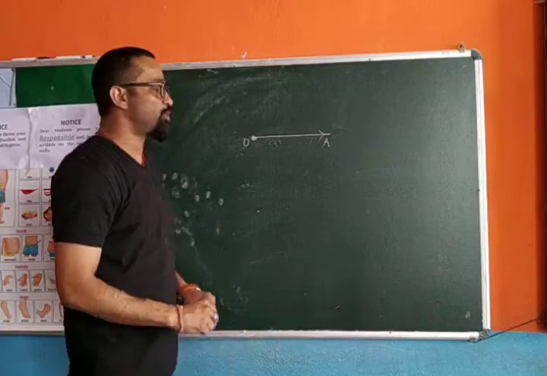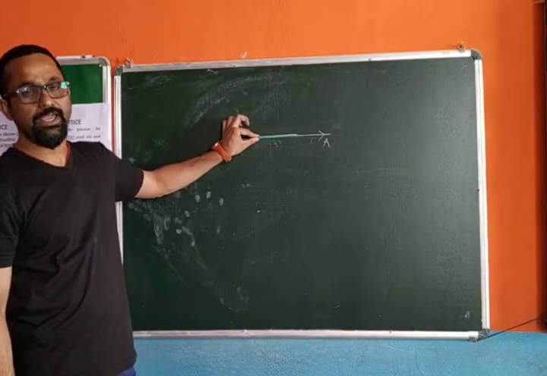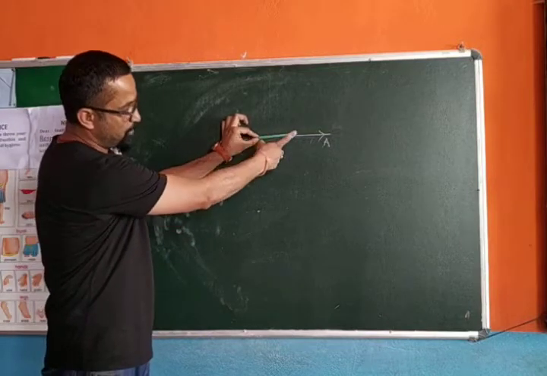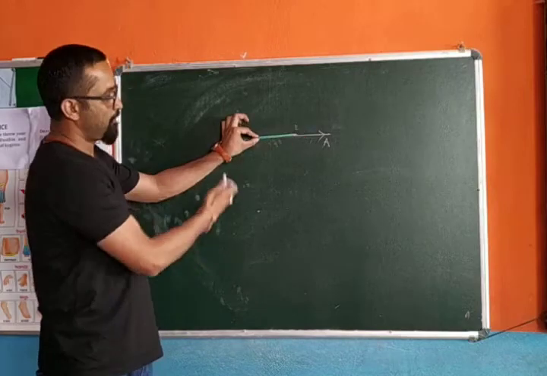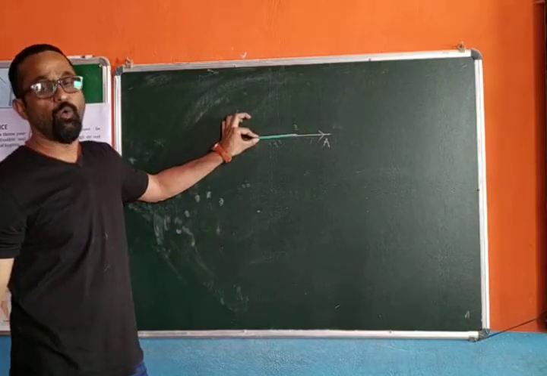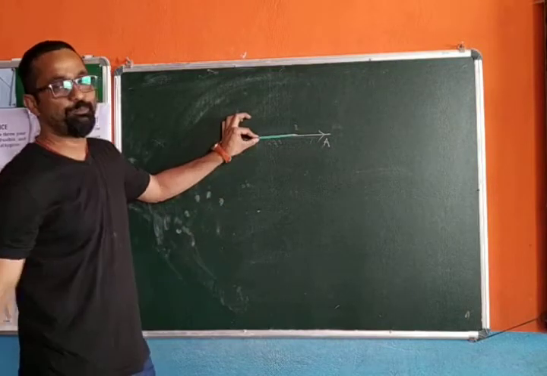On top of that, you consider another ray. Tip of the pencil is taken as B, and my finger holding the pencil is considered as O.